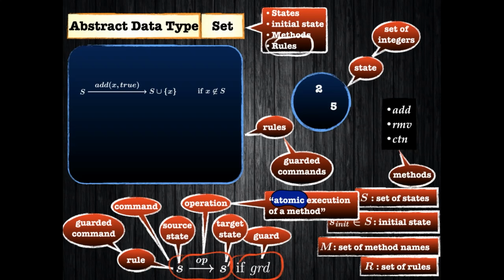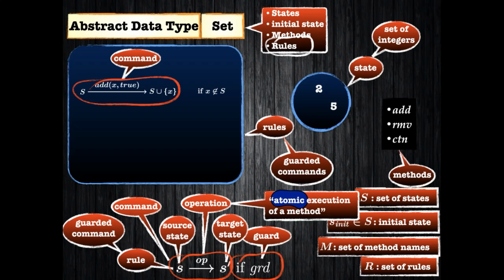It means that if you are in some state S, then you can add X for some X to the set. So you obtain a new set in which you have added X. This operation can be performed if X is not already a member of the set. And as a result, you return the value true, which means that you have successfully performed the addition.